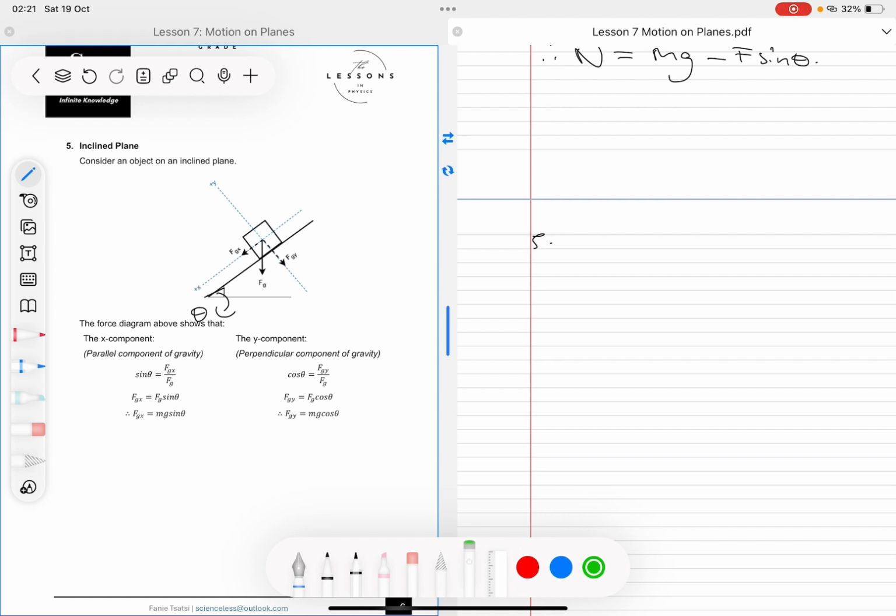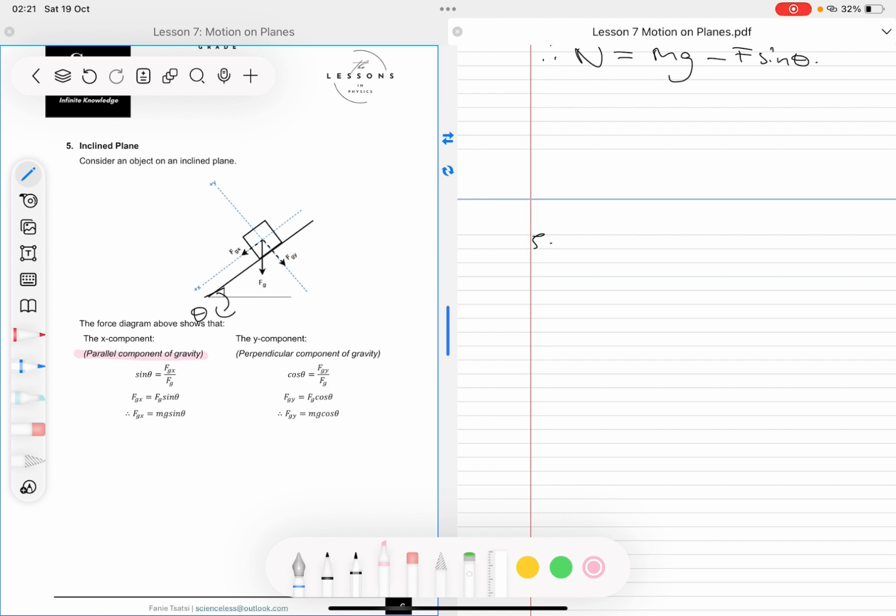Now, these components are sometimes given names. The x component is sometimes called the parallel component of gravity, right? So this means that it is the component that is parallel to the surface. So this component here is parallel to the surface, right?